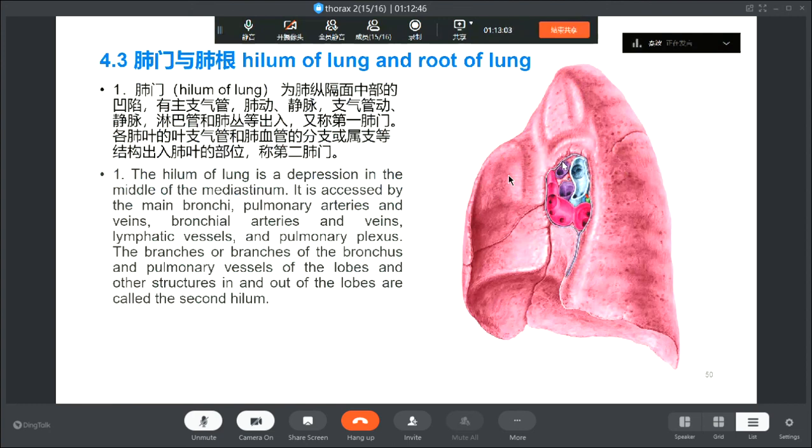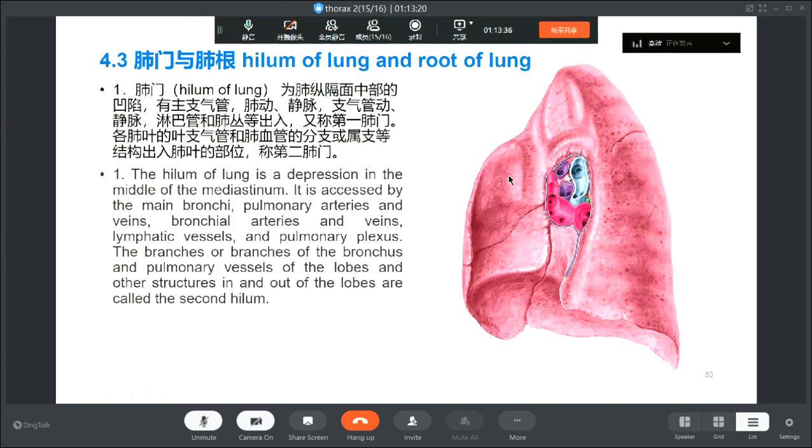It is accessed by the main bronchus and the pulmonary artery. The red part is the pulmonary artery, and this part is the main bronchus, and this part is a vein.